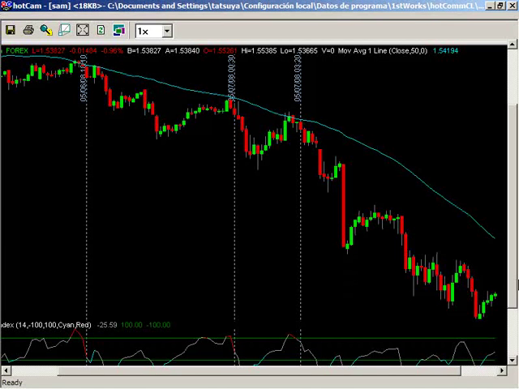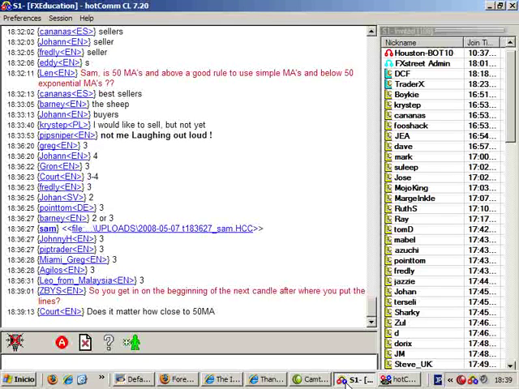All right, let's move to a different area here. And what we've been looking at here are really shorter term charts.